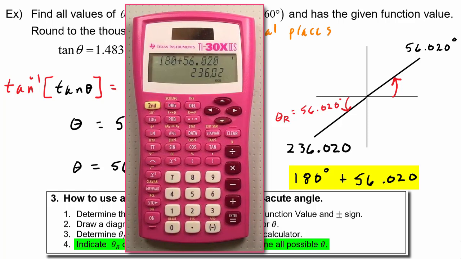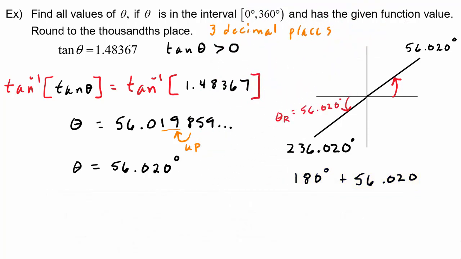And to show rounding to the 3rd decimal place, we'll add in that last 0. So in this problem, there are 2 solutions, 56.020 and 236.020 degrees.